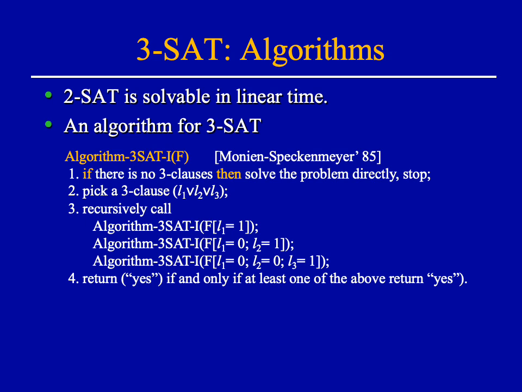So here's an algorithm for 3-SAT. Let's see how we do this. Basically the algorithm is like this. First you look at the clauses. If there are no 3-clauses, then the problem is a 2-SAT problem that can be solved in linear time. Therefore, we assume the instance still has some 3-clauses, i.e. clauses that contain exactly 3 literals.